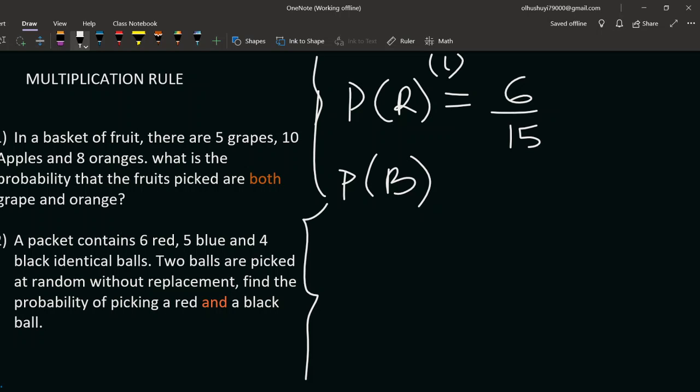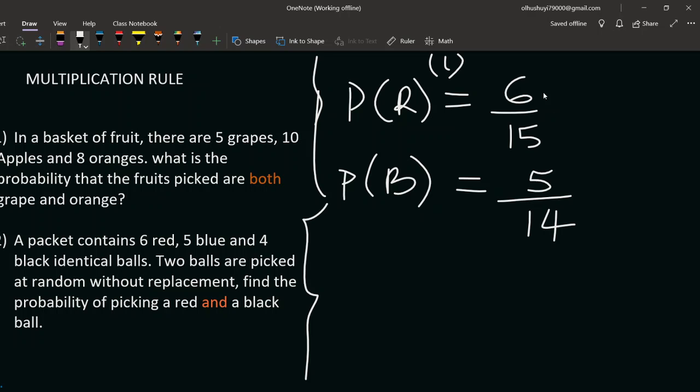So it actually means the number of balls we have has reduced from 15 to 14. The number of red is 6 upon the total number of balls. Then for the other ball, we have 4, and the number of balls we have now will be 14. It is without replacement, so this is where you have a dependent event.